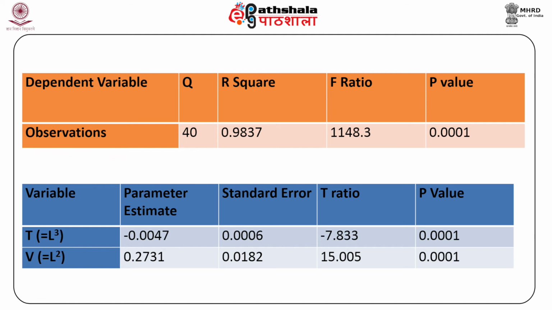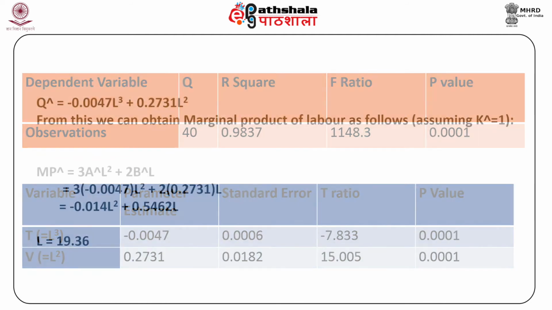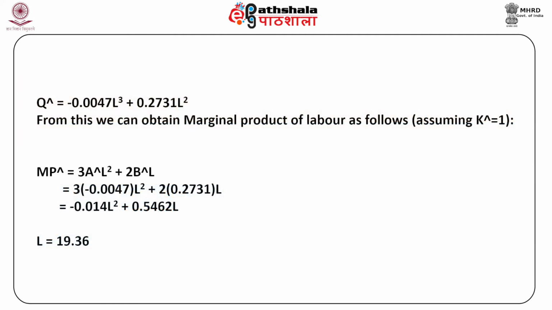So, the estimated cubic production function is Q hat = −0.0047·L³ + 0.2731·L². From this, we can obtain the marginal product of labor as follows, assuming K hat = 1.